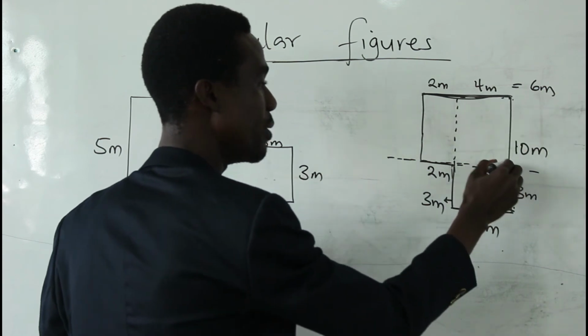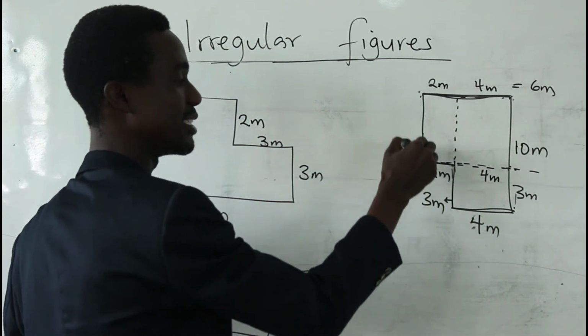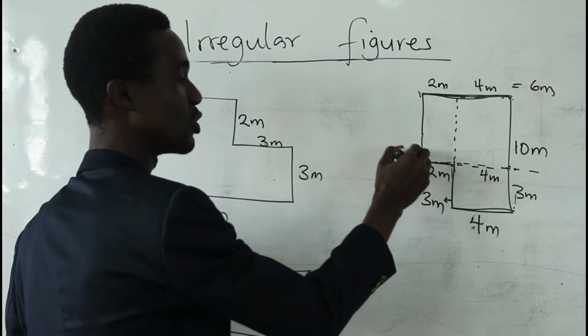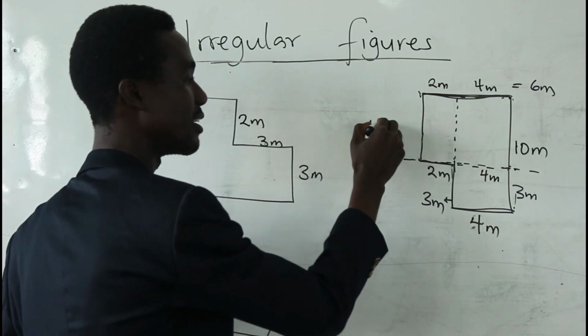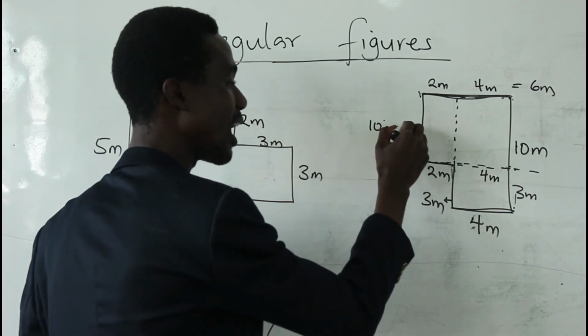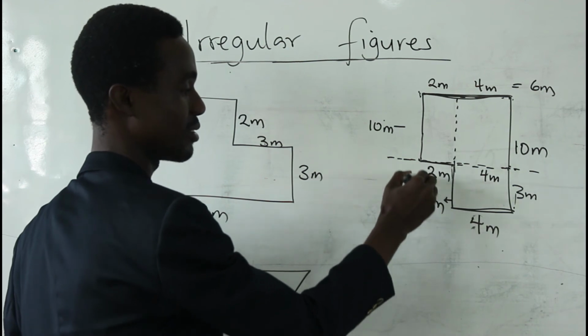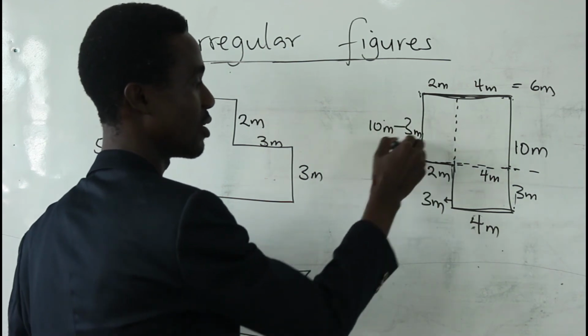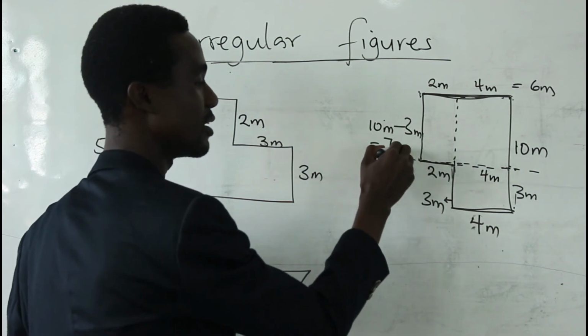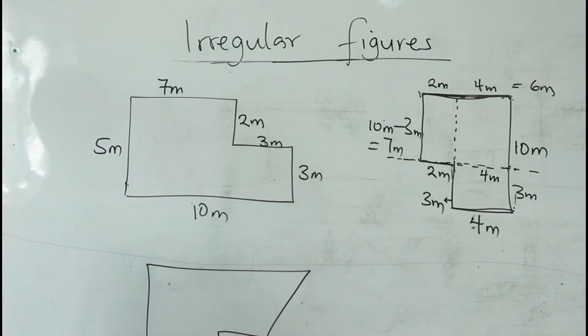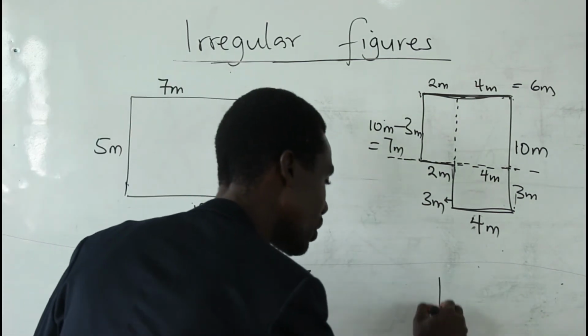Then the rest will be equal to the remaining side here. So we will have 10 meters, take away the 3 meters on this side, which will give us 7 meters.